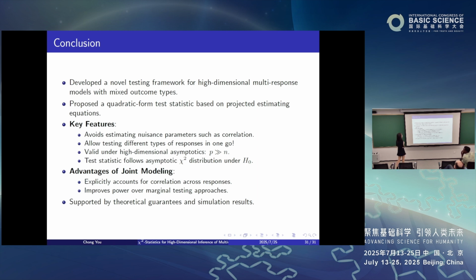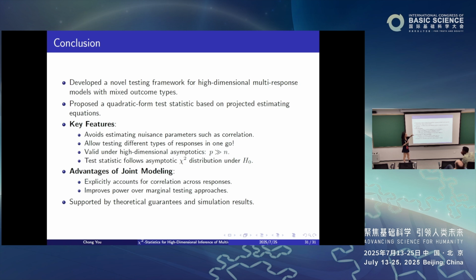And we propose the quadratic form statistic based on the projected estimating equation. And our method avoids estimating the correlations. If we look back at the steps we did, we never estimated the correlation between the yi's.